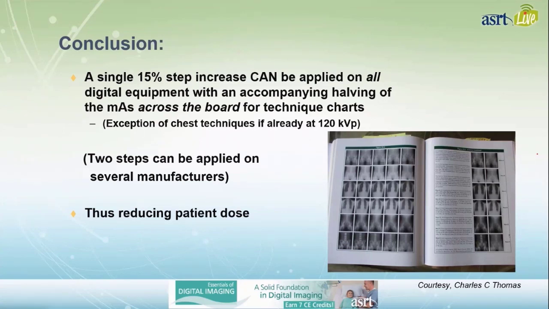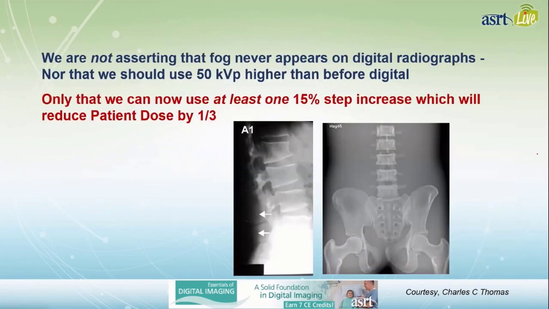We indeed found that on several manufacturers, you could do this at least twice before mottle began to appear, thus reducing patient dose. So we are not asserting here that fog never appears on digital radiographs, nor are we asserting that we should use 50 kVp higher than before we used digital.